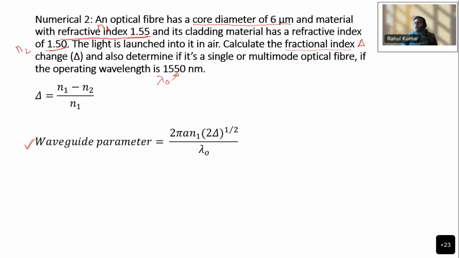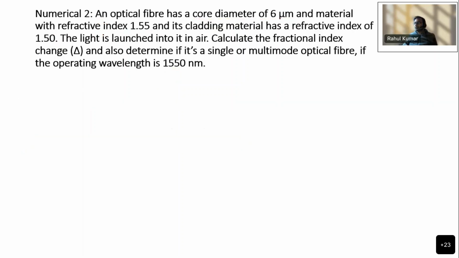Okay, so we can use these two formulas. So fractional index change delta is N1 minus N2 divided by N1, and waveguide parameter is given by this formula. Okay, so let us look at the solution. So we are given with the core diameter.